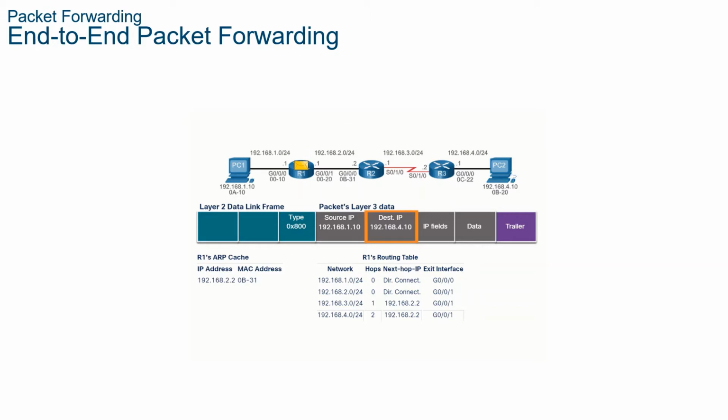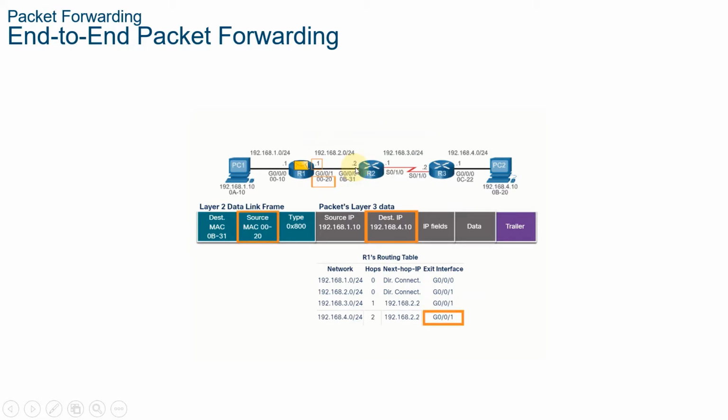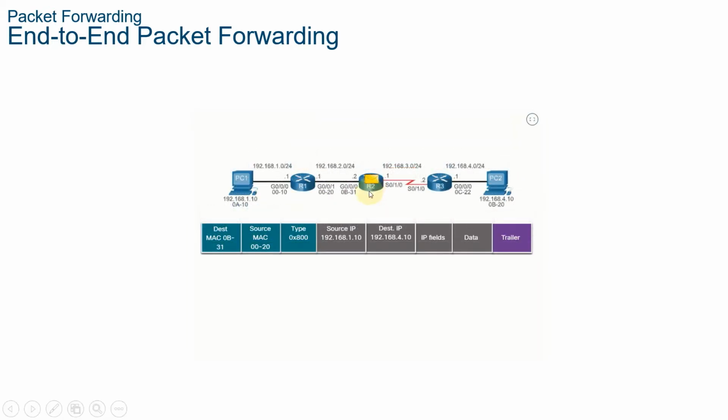If an ARP entry does not exist in the ARP table for the next hop interface, which is 192.168.2.2, R1 sends an ARP request. R2 would then return an ARP reply. Same thing with the process that happened on PC1 and R1. So it has been forwarded now to the exit interface 192.168.2.1. Now your packet is on R2.